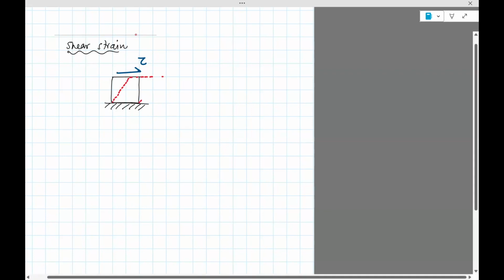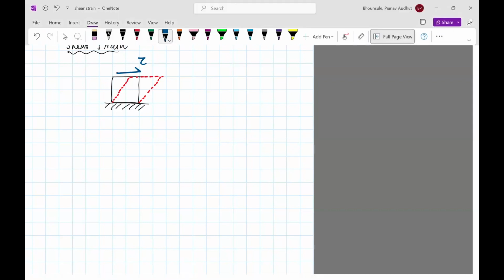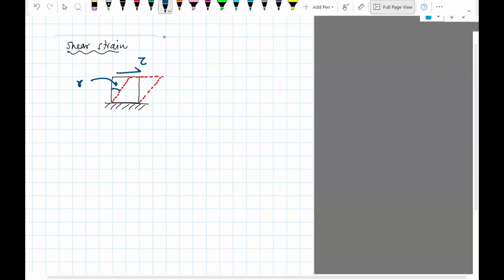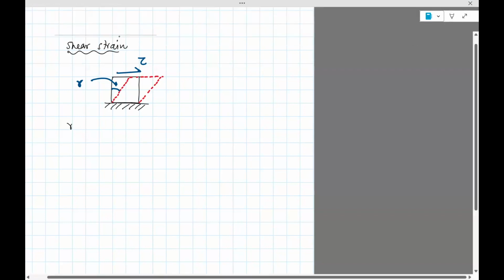So this is really exaggerated. So it will shear like so. This angle at which it shears is gamma, and gamma is the shear strain.